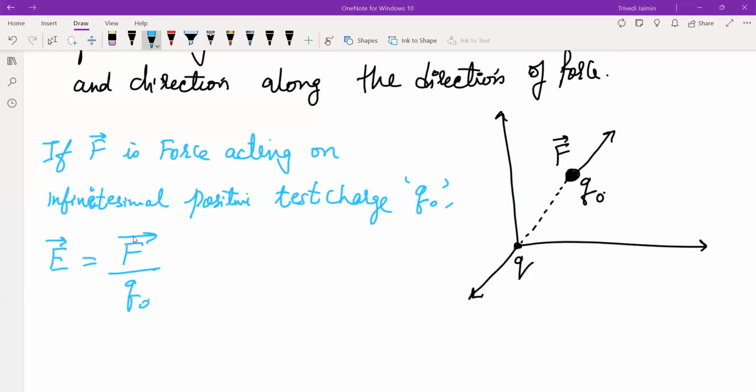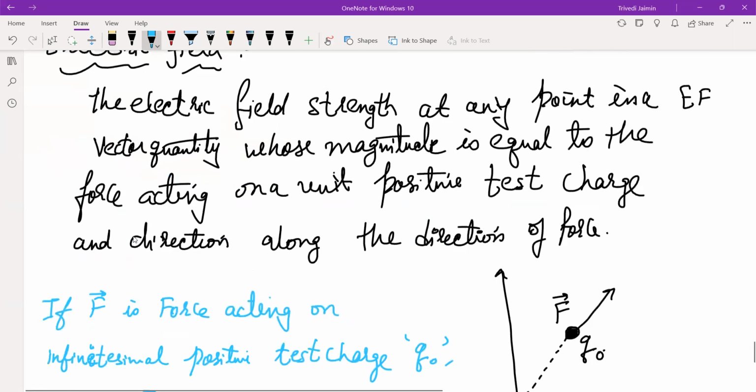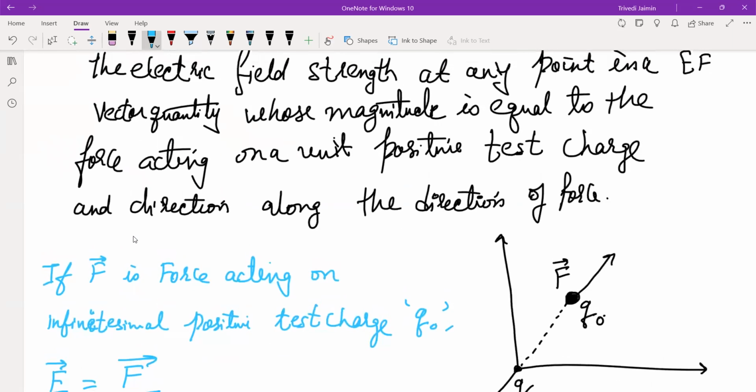Okay, so let's see what we defined just now. Electric field strength at any point in an electric field is a vector quantity whose magnitude is equal to the force acting on a unit positive test charge, and the direction is along the direction of force.